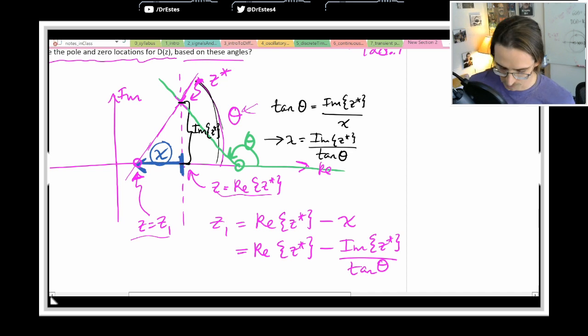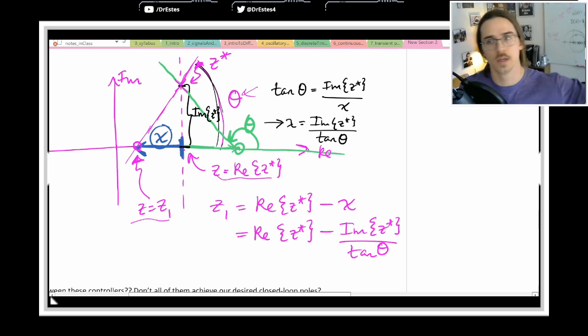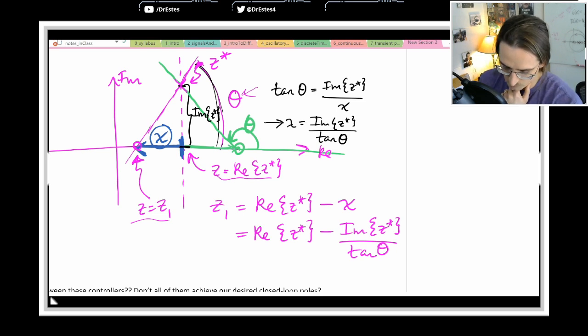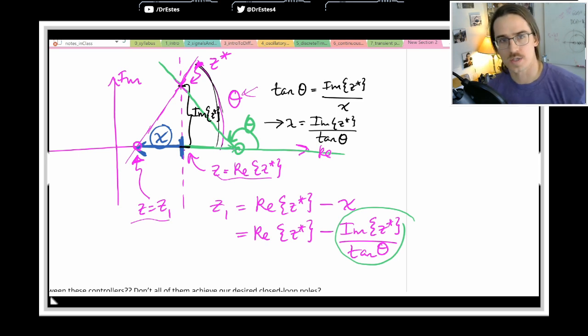When you use this formula, you'll notice that I'm going to have a negative x because I'm not going leftwards anymore. I'm moving to the right. This formula will automatically change the sign of this term, and it still works. So it's really nice. So this is just something we can throw into Matlab. Given an angle of a 0 we want, given that we'll know the real and imaginary parts of z star, we can just figure out where the 0 is.